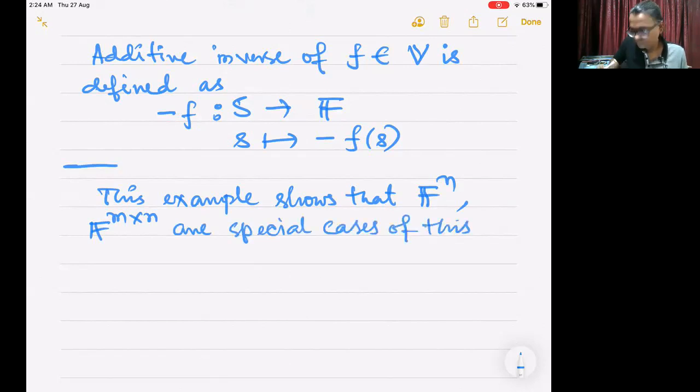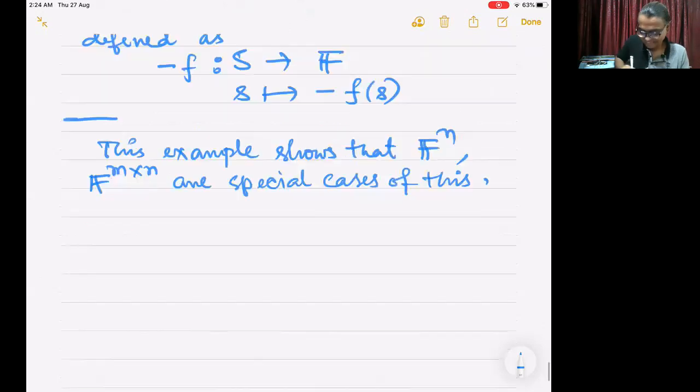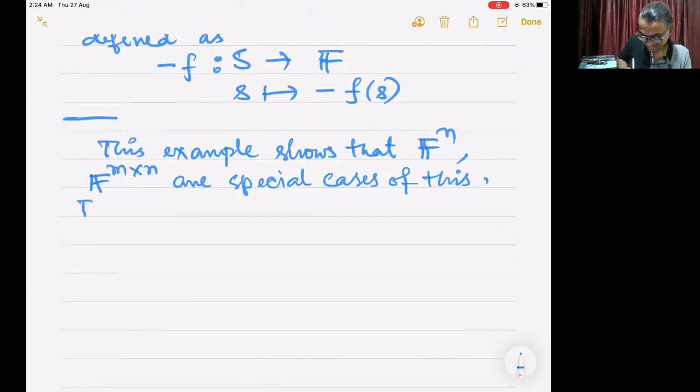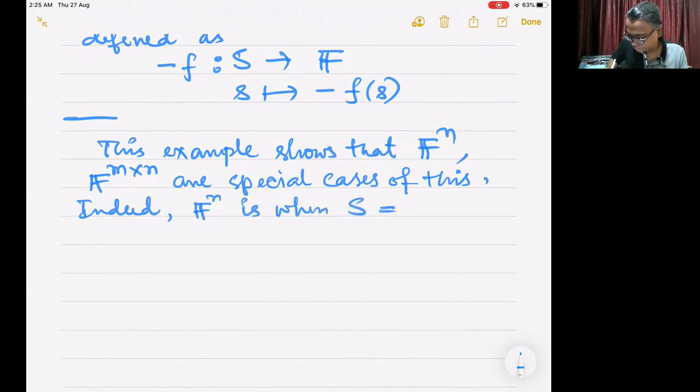Indeed, F^n is when we take S to be equal to the set 1, 2, up to n.